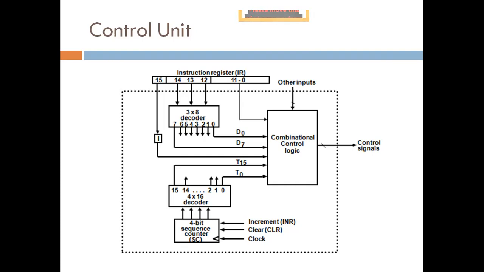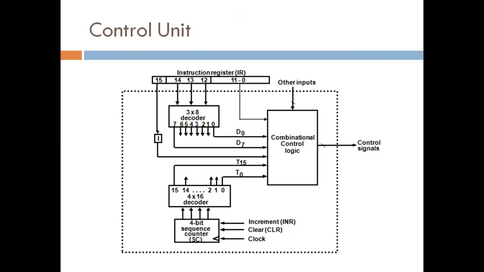Okay. The outputs of the counter are decoded into 16 timing signals. See here, 4 outputs are generated, but with the 4x16 decoder, 0 to 15, that means 16 timing signals are generated, known as T0, T1, T2, T3, T4 up to T15. So in total T0 to T15, 16 timing signals are generated.